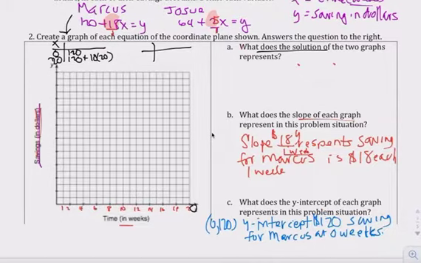Sometimes, as you can tell, I do things in my head. 18 times 20 is 360. So 120 plus 360, we got 480. Okay, so my ordered pairs for Marcus are 0, 120, and 20, 480.